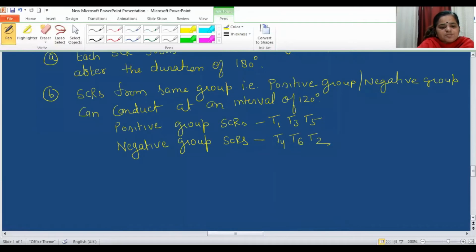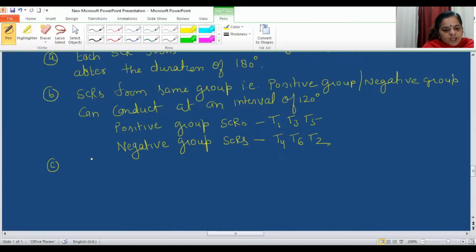So as per the second assumption, SCRs from the same group, positive or negative, can conduct at an interval of 120 degrees. Means if T1 starts conducting at 0, then T3 can only start conducting at 120 and T5 can start conducting at 240. So they will start conducting at an interval of 120 degrees.